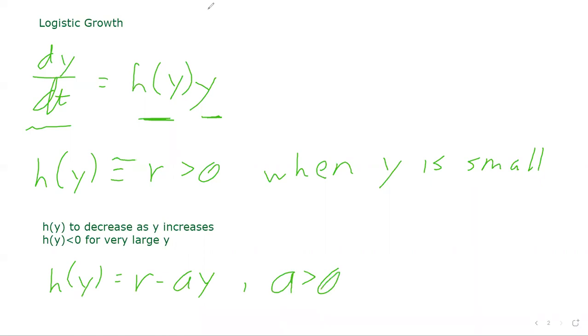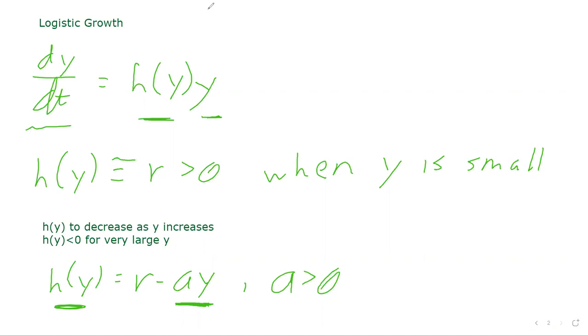So now, as y gets big, we are subtracting it, so that makes the whole thing get smaller. And whenever we get really big y values, this a times y is going to eventually get bigger than r, which does make it negative, which is accounting for our criteria that we want.